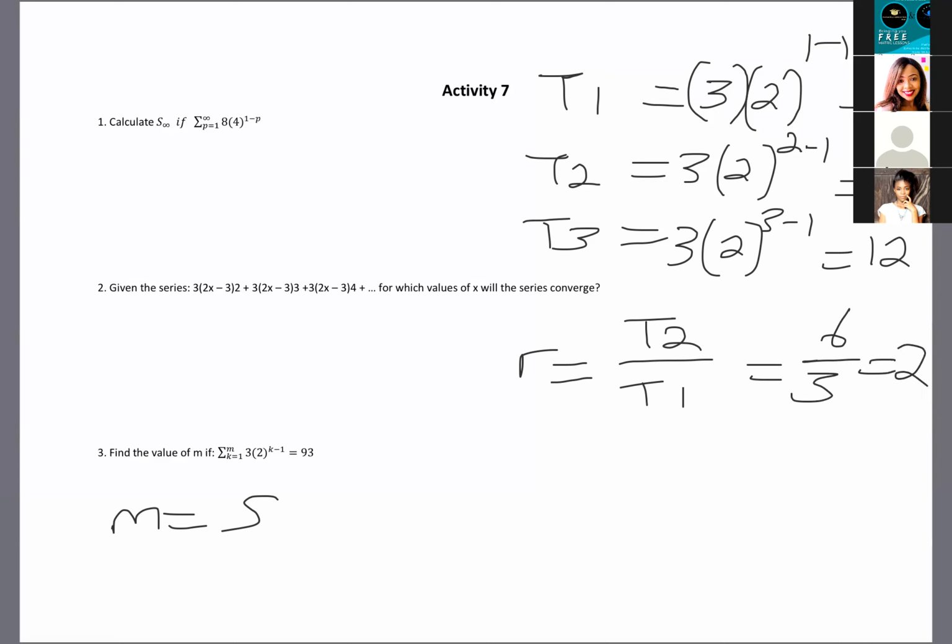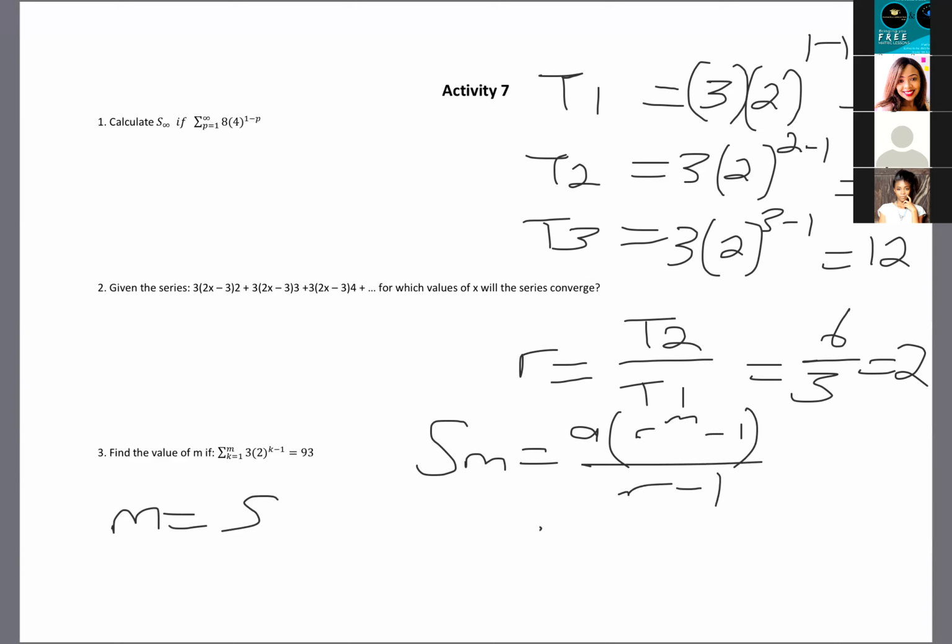And then you substituted into which equation? The first one on the geometric sequence, because your R is more than 1, right? So you're going to say S_m equals A times R to the m minus 1 over R minus 1.